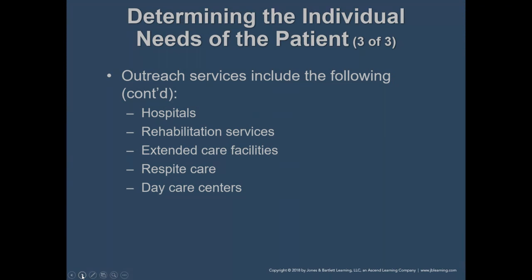If you look at statistics, you'll have a greater chance of elder abuse and problems with the patient overall. So extended care facilities and respite care: if that family needs to go on a vacation and grandma and her condition is preventing that, then what about respite care?